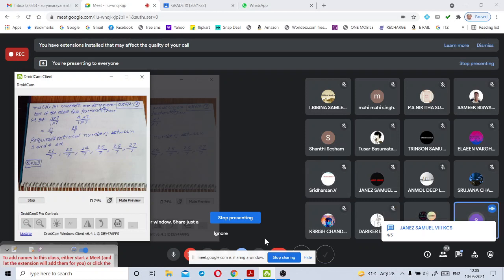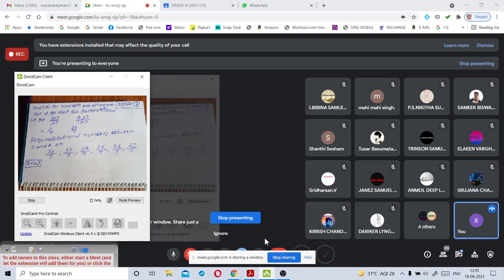That only I am asking you. First you have to understand the question yourself. After reading the question every time, you have to question yourself: what are the data, what is the information given in the question? After that, ask what is the formula, what is the useful information related to the given question. And third step, you have to apply that formula correctly.